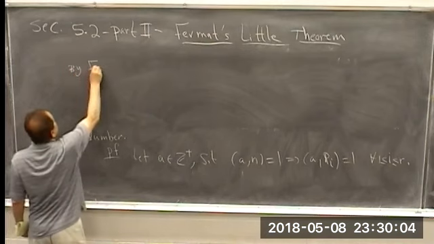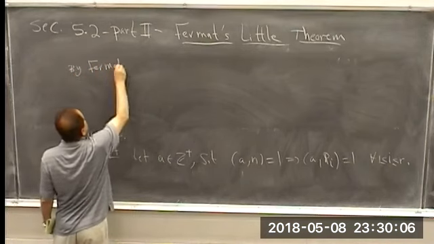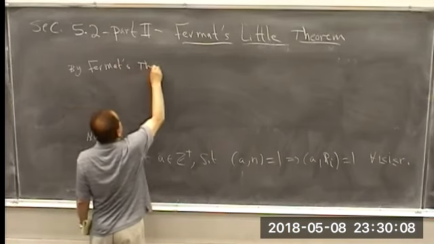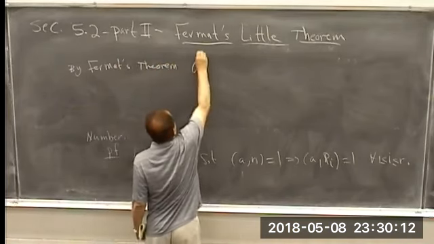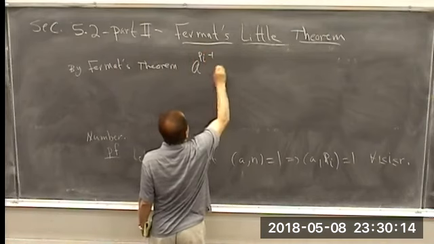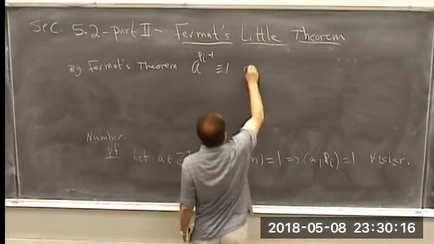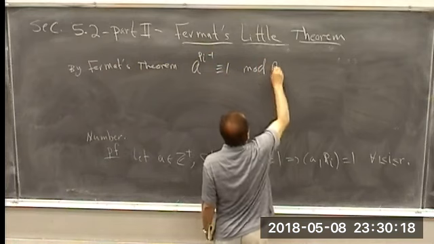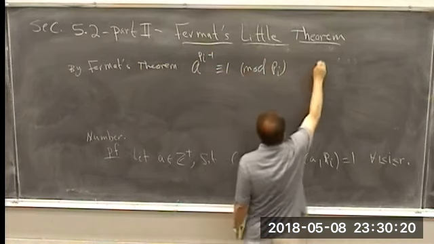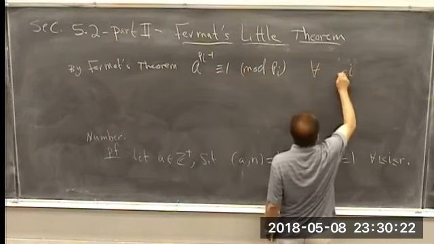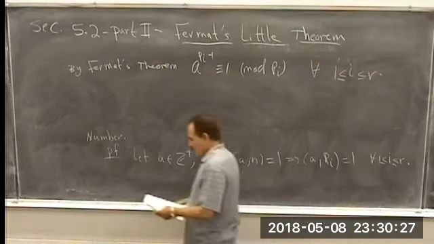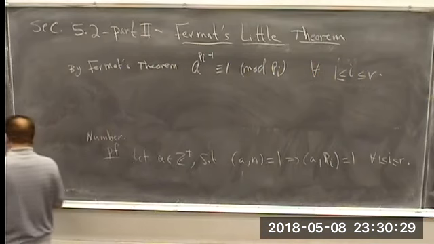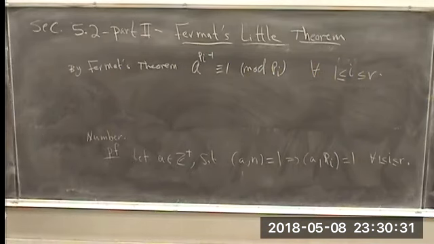By Fermat's theorem, we have A to the power Pi minus 1 is congruent to 1 mod Pi. And this is for every i. All right.